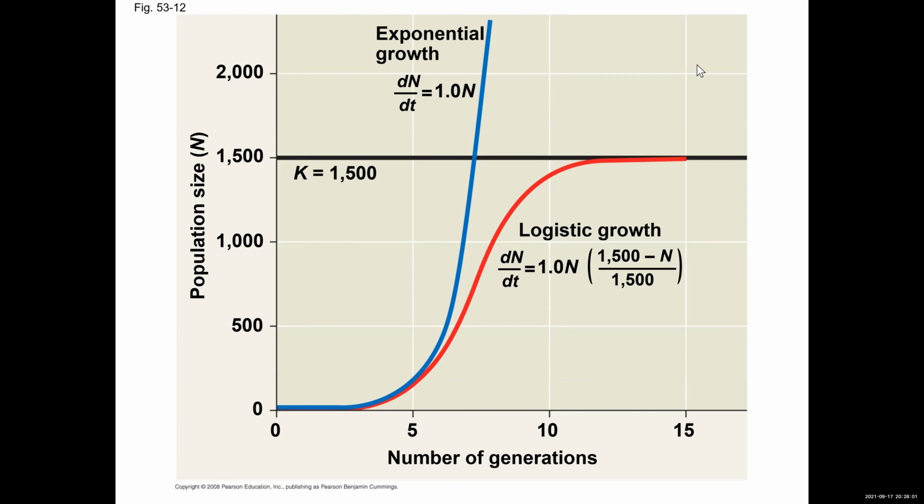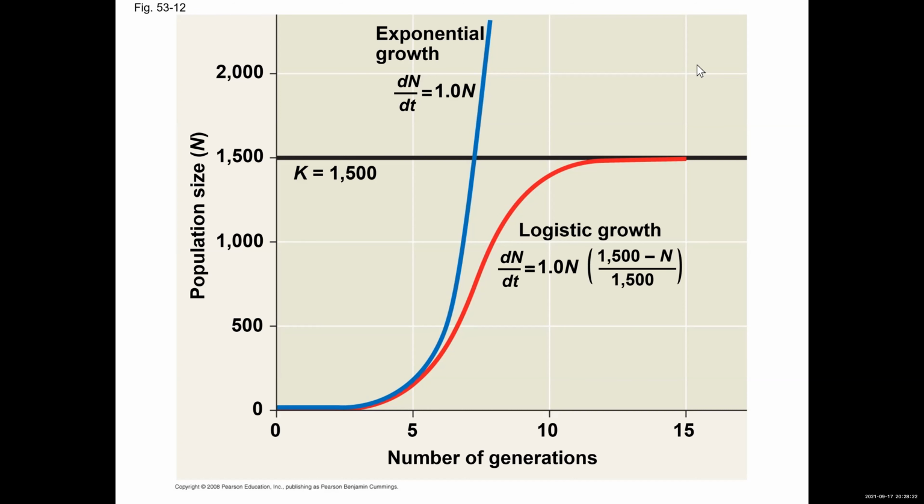And what happens is instead of continuously growing as fast as you possibly can, there's some feedback from the environment. And so the population doesn't keep growing as fast as it possibly can. It reduces the population growth rate.